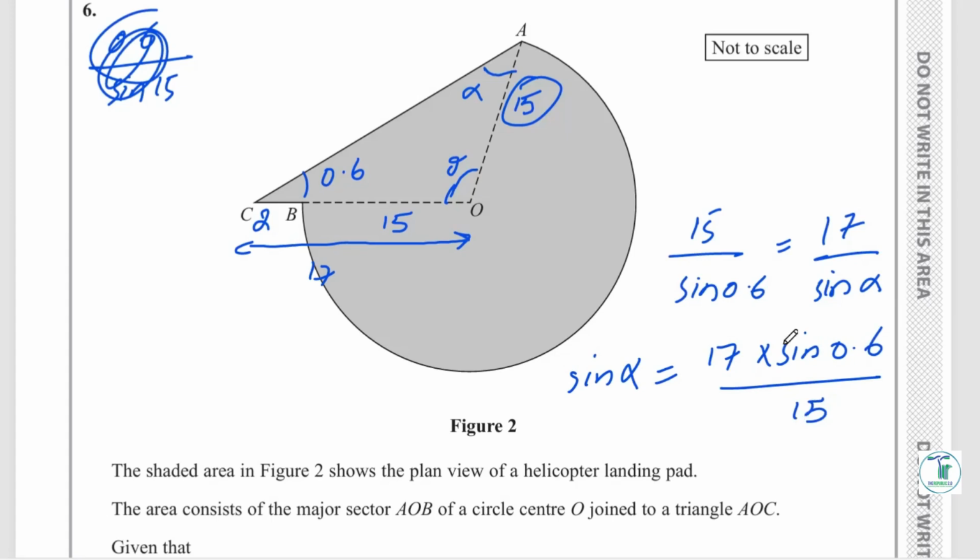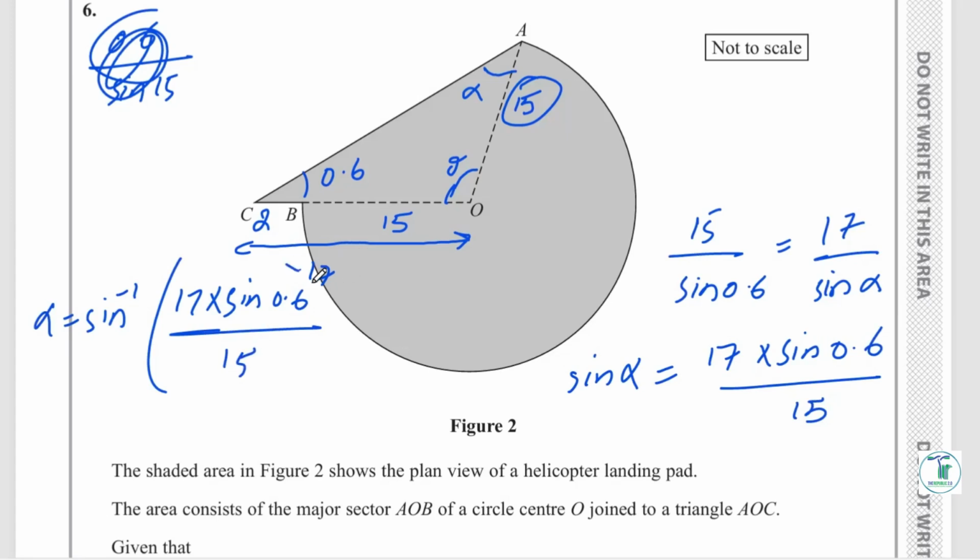Whatever answer you get for this expression, alpha has to be the sine inverse of 17 times sine 0.6 divided by 15. That is how you'll get alpha. And once you have alpha, theta must be equal to pi minus 0.6 minus whatever value of alpha you get.